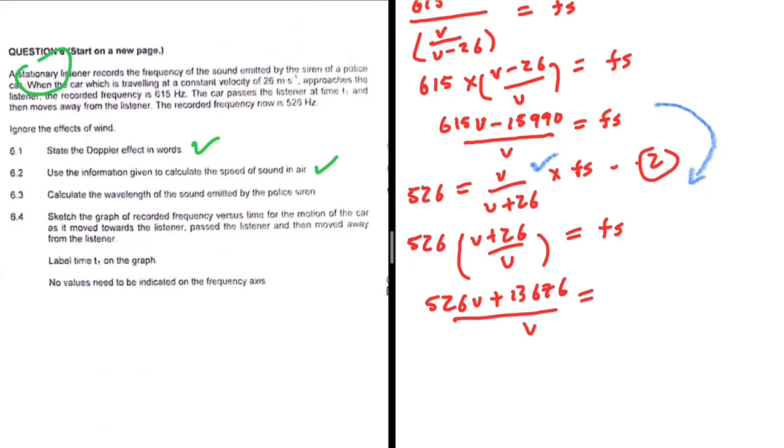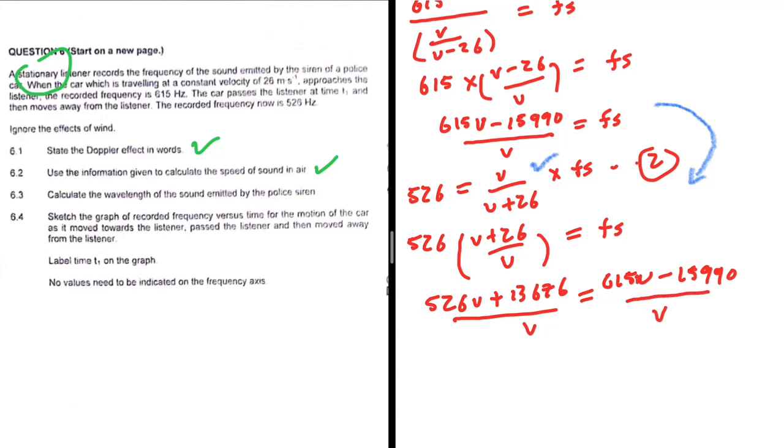Now, in place of Fs, we're going to substitute what we have here, right? So in place of Fs, we substitute 615V minus 15,990, everything divided by V.